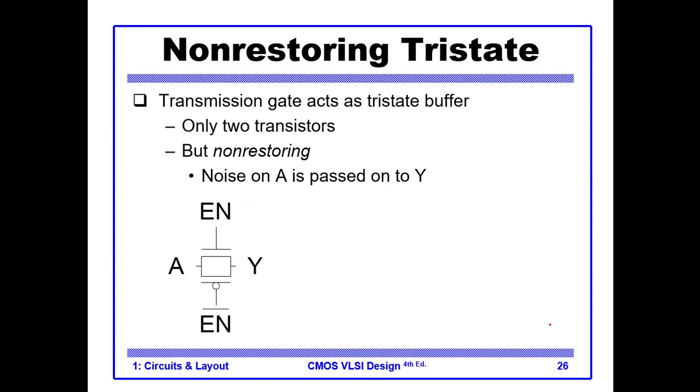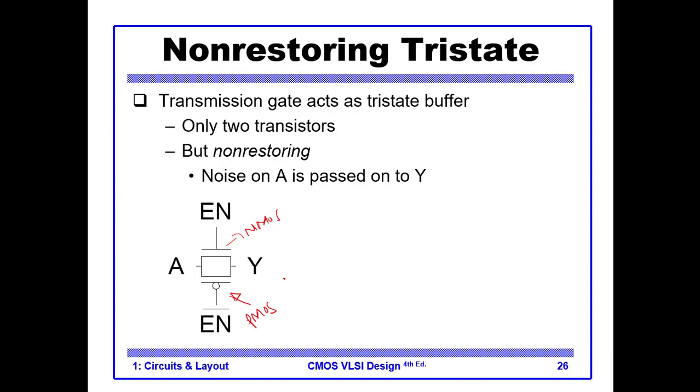So we can build the tri-state buffer from transmission gates, and we can use only two transistors. How? For example, we have an NMOS and we have PMOS connected in this fashion.